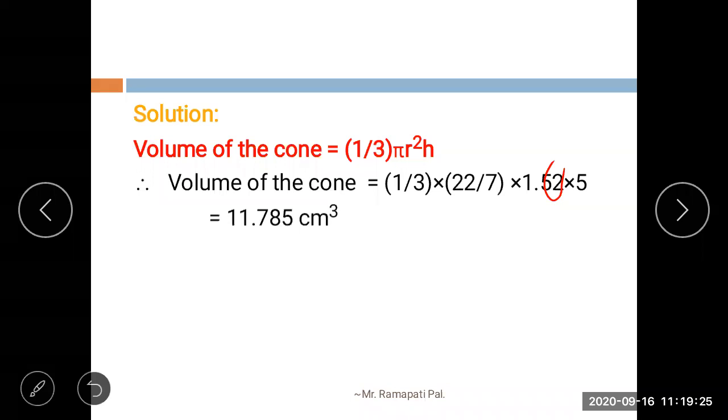So 11.79 centimeter cube. Is it clear? Hence the volume of the cone is 11.79 centimeter cube. Is it clear?